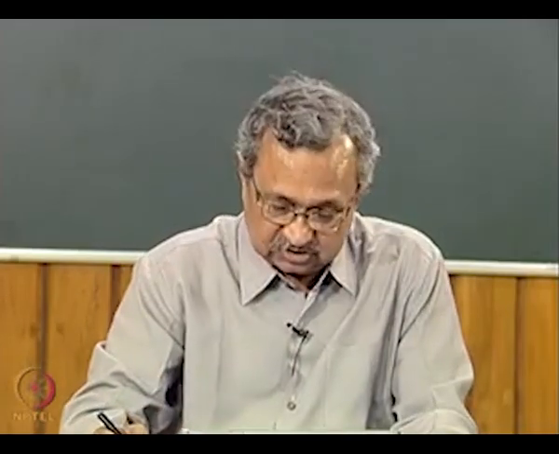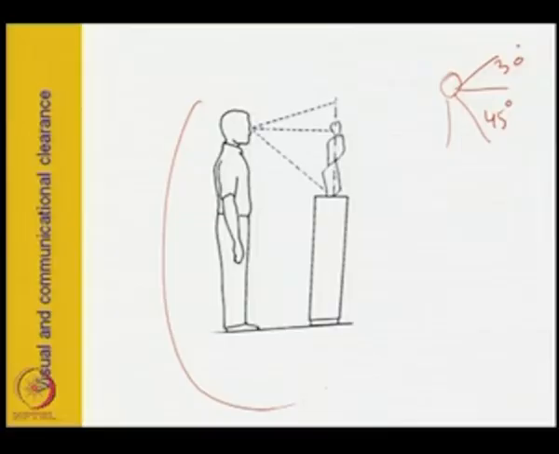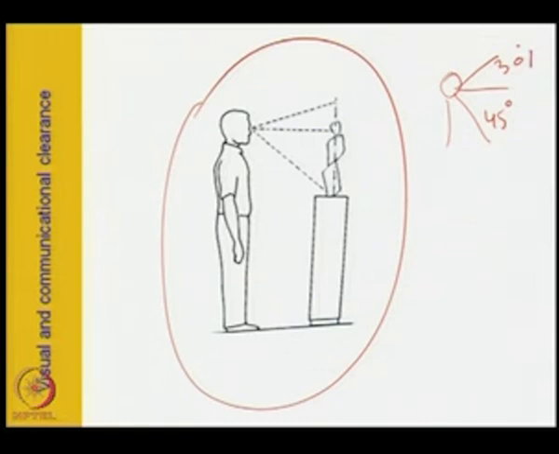As an example, say this is one exhibition area. Roughly, if this is 1, then this may be 2 units, or we can say 1 by 3 and 2 by 3rd like this. So, 30 degrees and 45 degrees we can divide like this roughly.